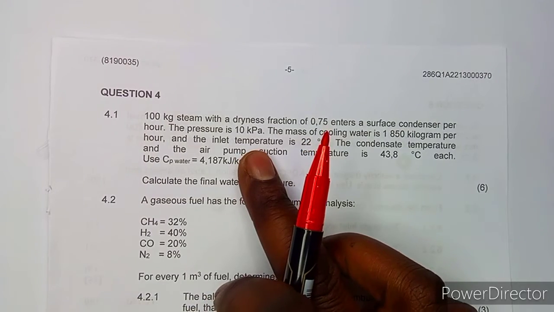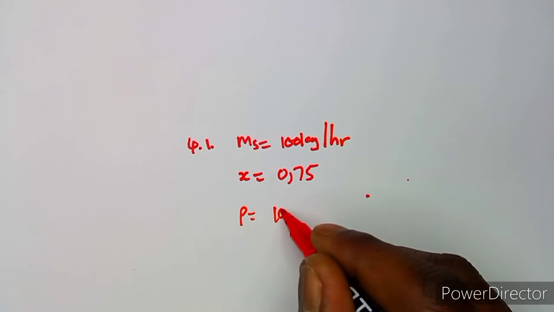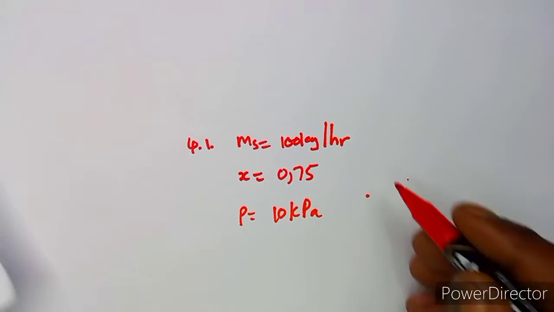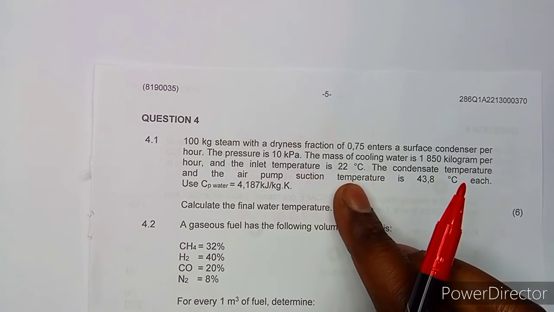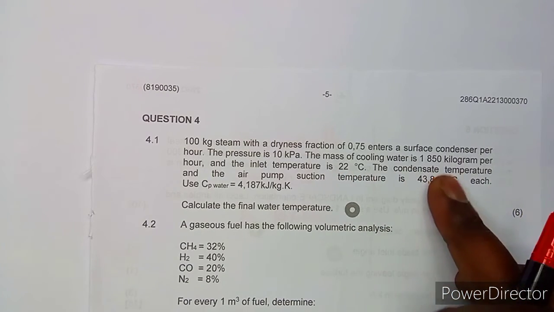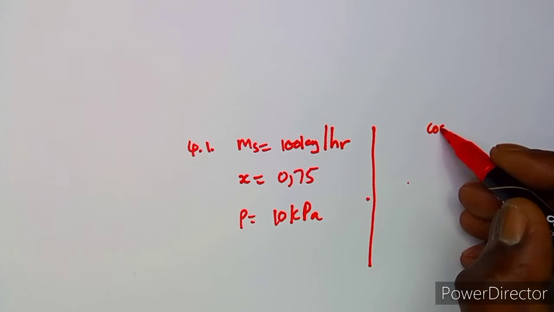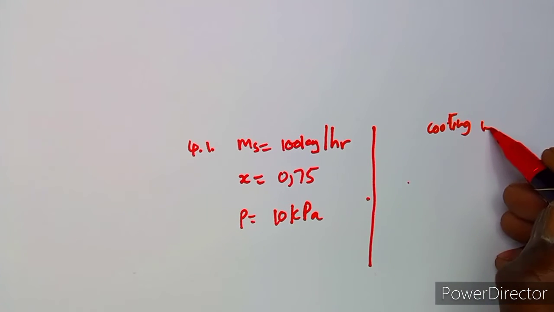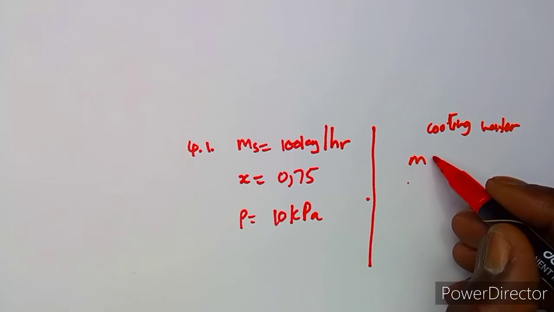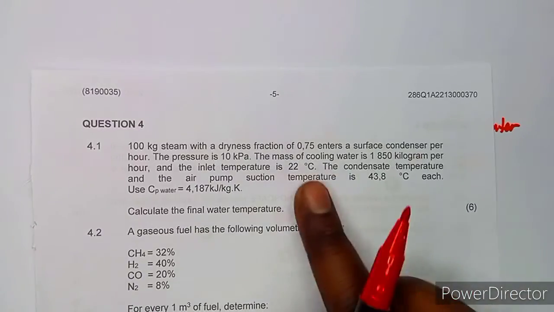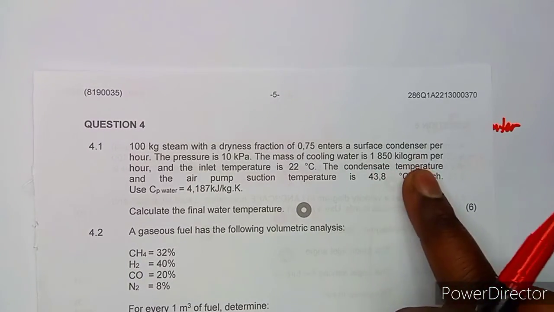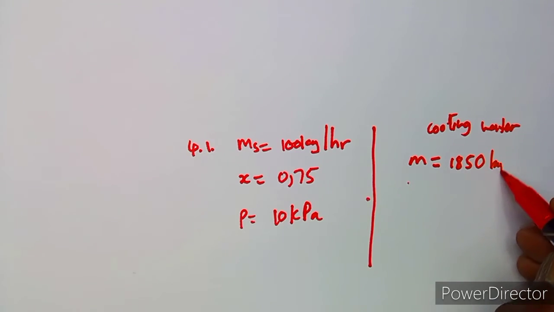The pressure is 10 kilopascal, so that is the pressure that we have at that point. We shall see where we are going to apply this later on. And then the mass of cooling water. Now we are talking of the water that is cooling. So we have got steam here and the cooling water, which has got a mass of 1850 kilograms per hour.